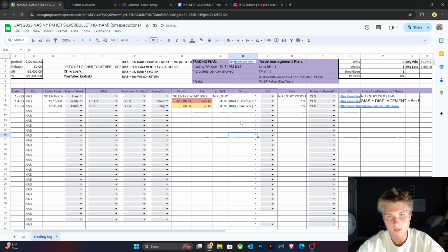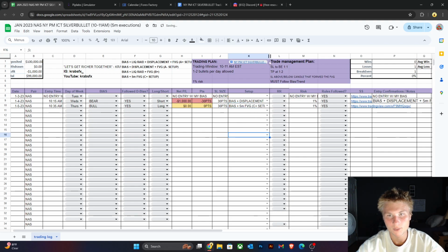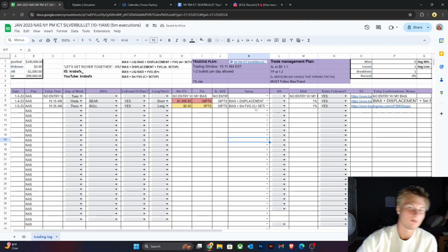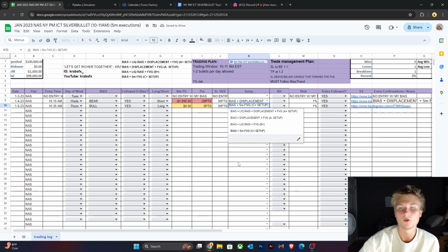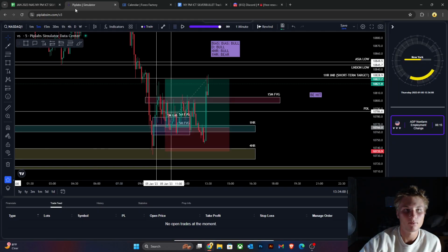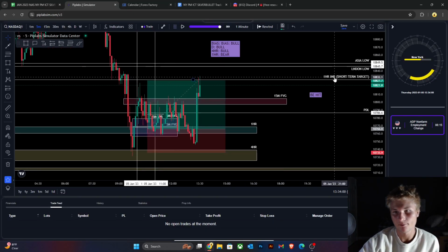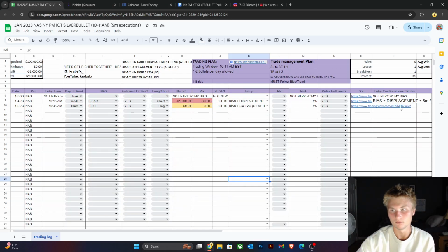This C+ setup, mainly because we didn't really have liquidity swept or displacement, so we just have bias and 5-minute gap. But we also had a nice target. I'm gonna put that.